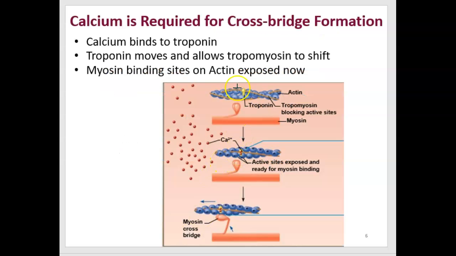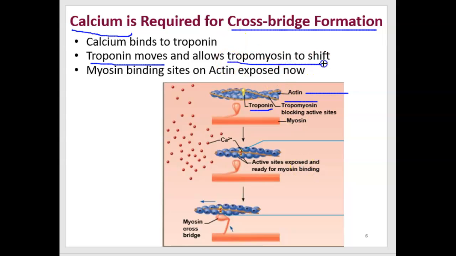Now, for the cross bridge formation to occur, I mentioned that we need calcium. And calcium is used to move over the troponin and the tropomyosin so that myosin is no longer blocked from binding to actin. So actin has myosin binding sites, and calcium binds to troponin, which then shifts.